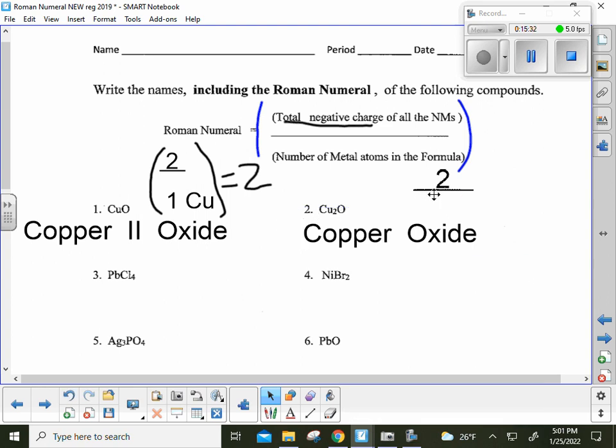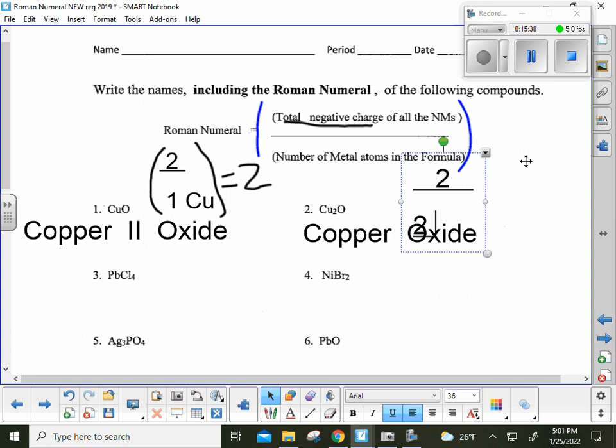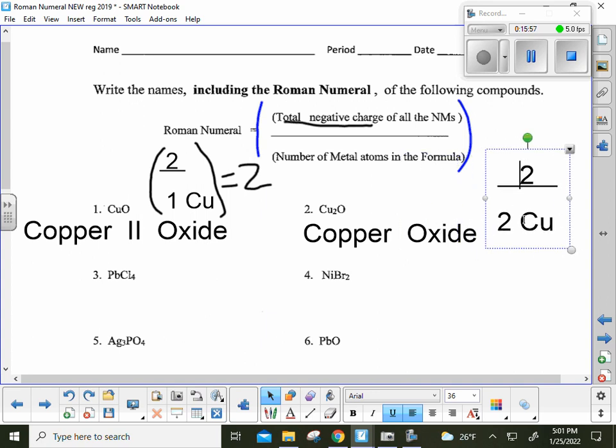So we're going to say that we have 2 over 2 coppers this time. Sorry about these little mistakes. I'm just trying to work from the keyboard right here in the room. So basically now it's 2 over 2.